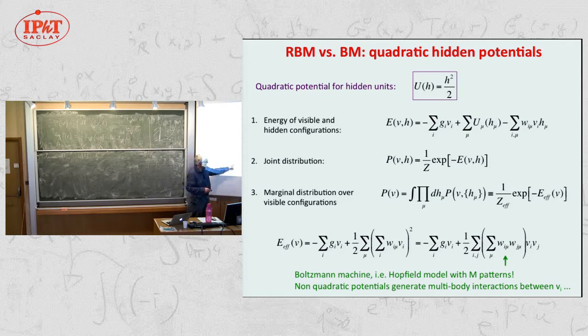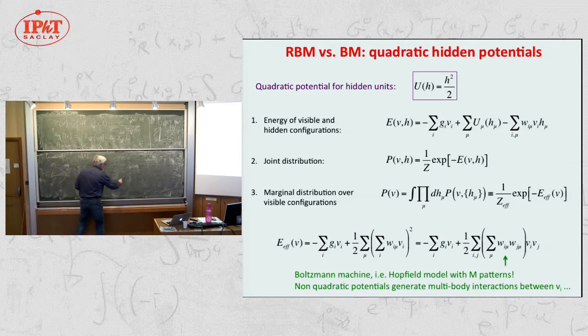If I expand this, I get a sum over i and j, so all pairs of visible units, and then v_i v_j, and I get an effective interaction between the visible units, which is the sum over mu of w_i^mu w_j^mu. And this is exactly the Hopfield model. So this is another representation of a Hopfield model, where usually we write the model with some couplings J_ij between the units, and J_ij would be the sum over mu of w_i^mu w_j^mu.